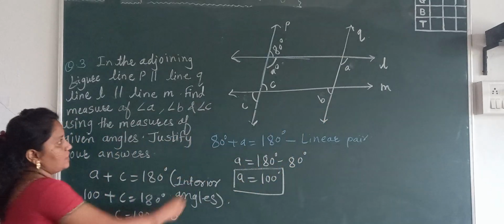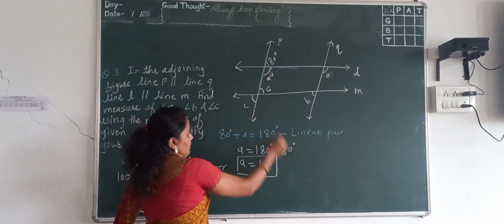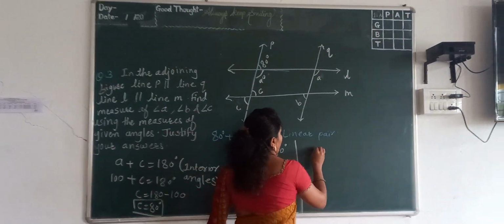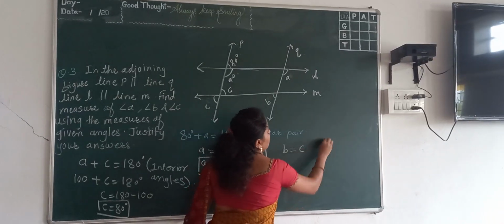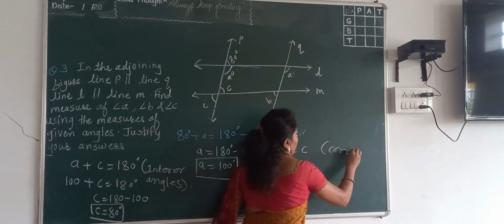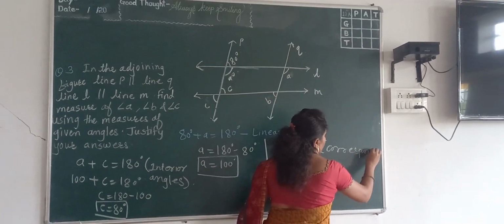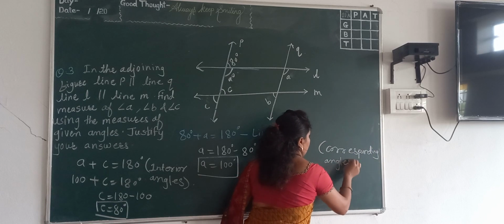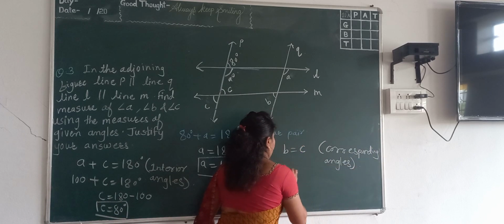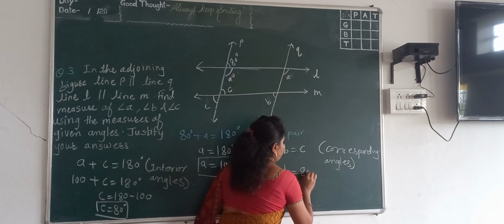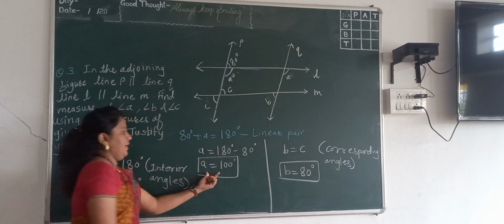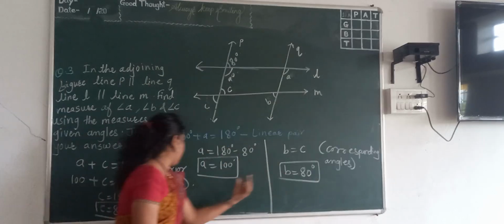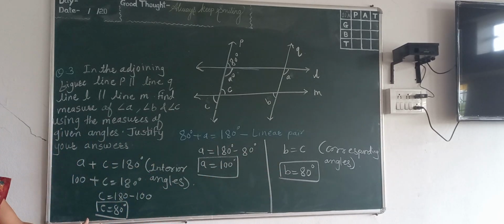The measurement of angle C is 80, so angle B is also equal to C because of corresponding angles. Then A is 100 degrees, B is 80 degrees, and C is 80 degrees.